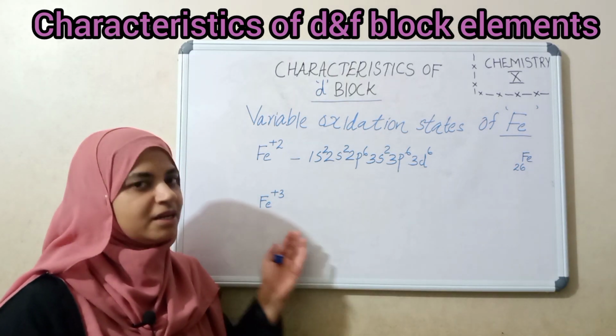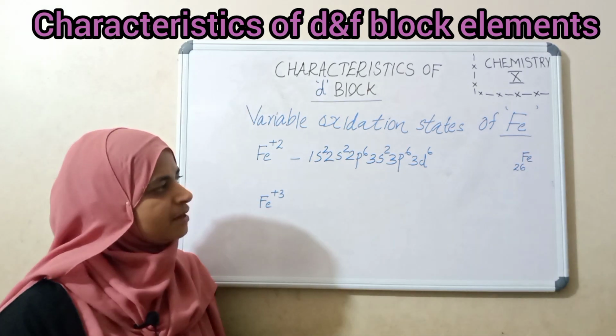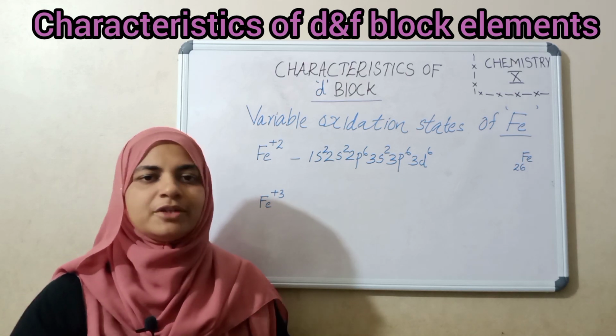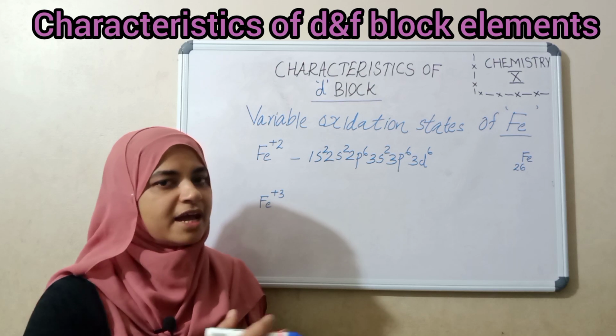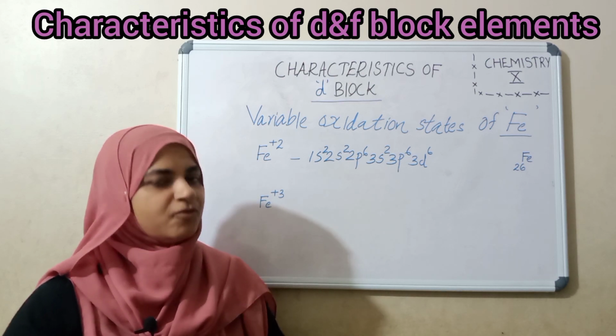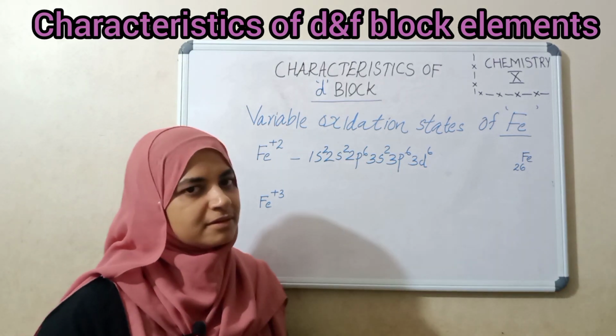Here 3 electrons are donated. But we already said that the outermost shell has only 2 electrons, that is 4s2. Then again 1 electron is donated. Then that 1 electron is from the penultimate shell.